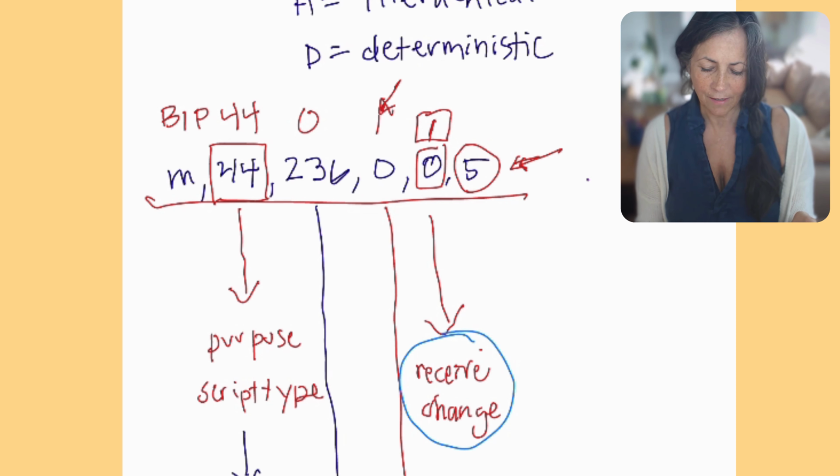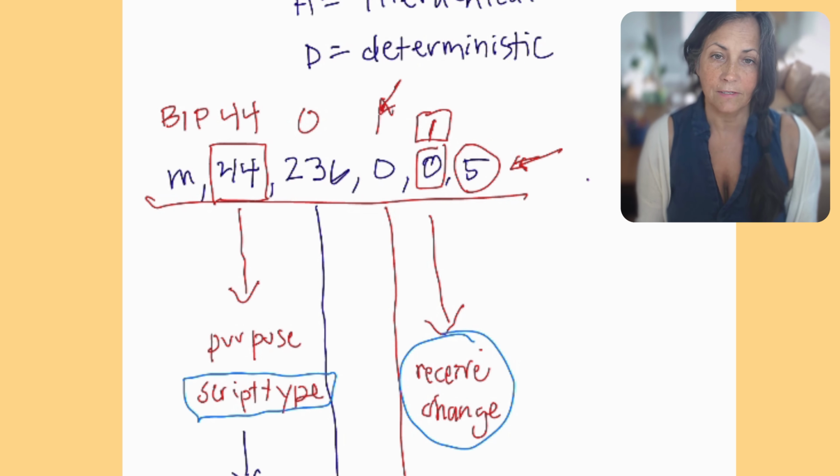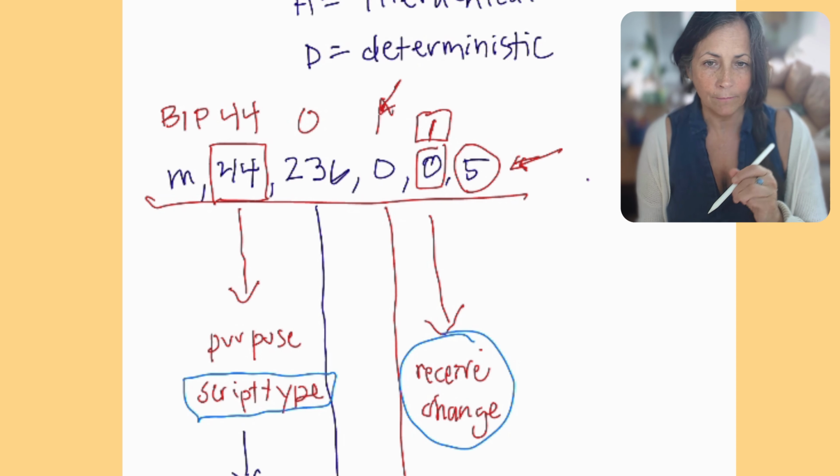Let's see, what else might I say? Yeah, I wanted to also talk about the script type, because that is also very interesting. So when BIP-44 started, P2PKH was the script. It's very standard. It just means I'm sending crypto to you. In that time frame, it was I'm sending Bitcoin to you.